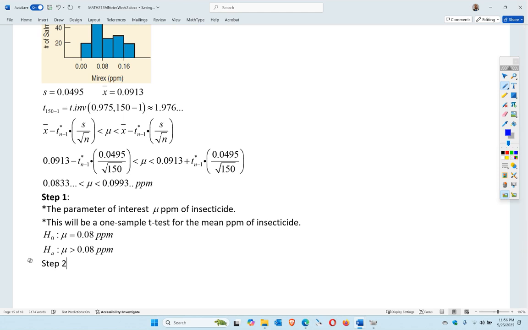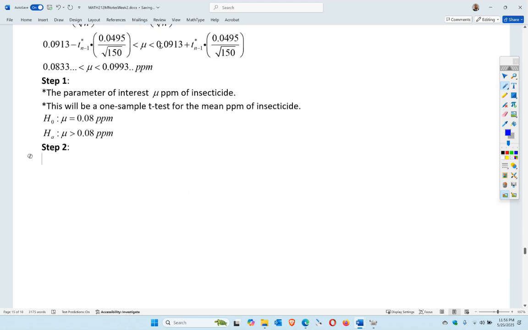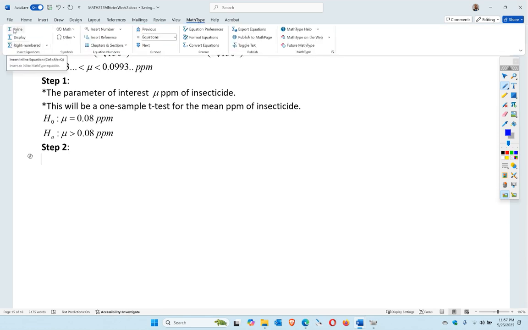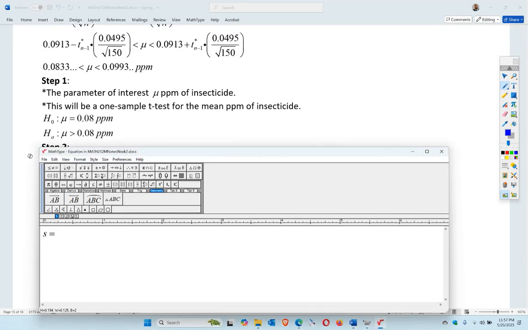Step 2, can we do it? Okay, so step 2, the standard deviation is 0.0495. The number of samples is 150. The mean for the samples, the sample mean essentially, is 0.08.